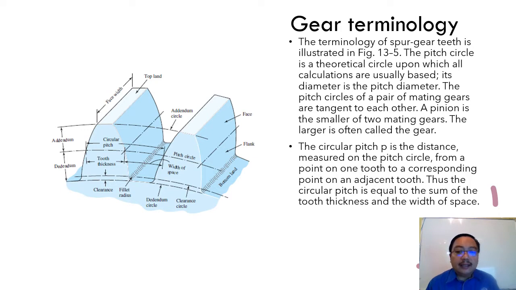I really advise you, when you are learning about gear, to have the textbook with you, or better still, photostat or scan the page that shows all this nomenclature, because throughout the whole chapter you will find a lot of terms.